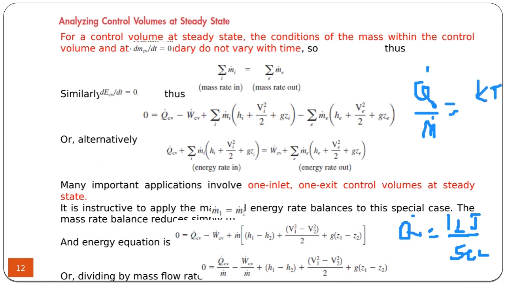So in this form, it's not a rate form anymore. The time has gone. It's the energy per unit mass. If you divide all the terms of this energy equation by m dot, you get energy per unit mass. So Q dot divided by m dot is small case q, which is kilojoules per kilogram.